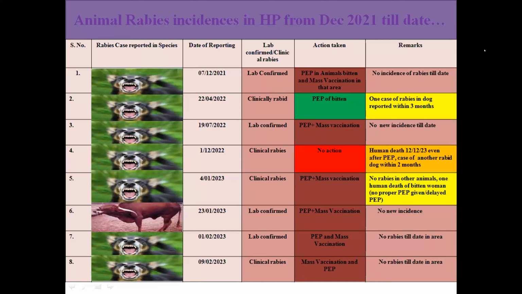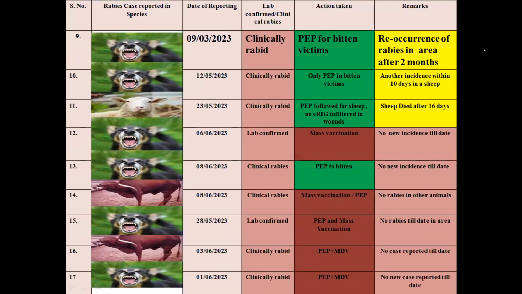If we are following only PEP, this is not sufficient. We need to go with post-exposure PEP along with mass dog vaccination. In all the cases where we followed PEP along with mass dog vaccination in 10 to 15 kilometers of the area from where the rabid dog was reported, there has been no rabies till date in the area. This was in all the 17 cases.